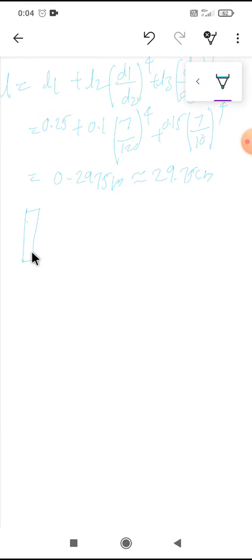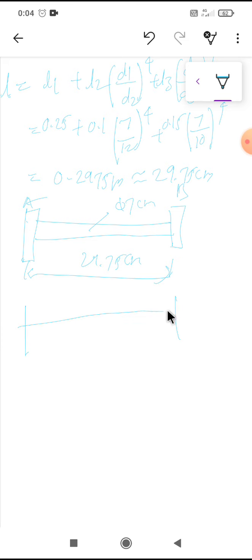If this is a two rotor system having a single shaft diameter of 7 centimeter and length 29.75 centimeter, with rotor A and rotor B, now as there will be vibration, the node will be generated, and we have to find the node distance from the left hand side.